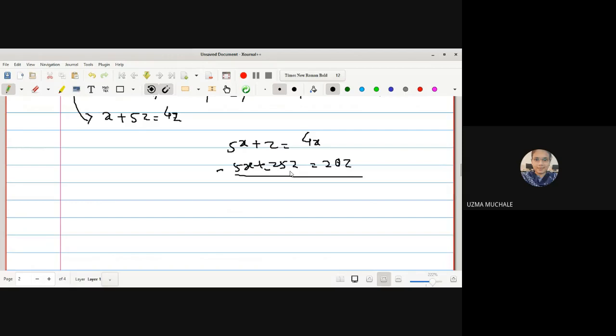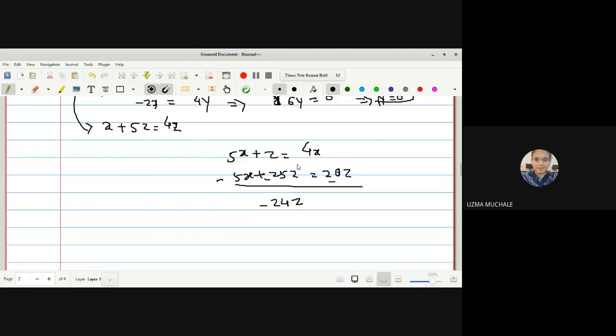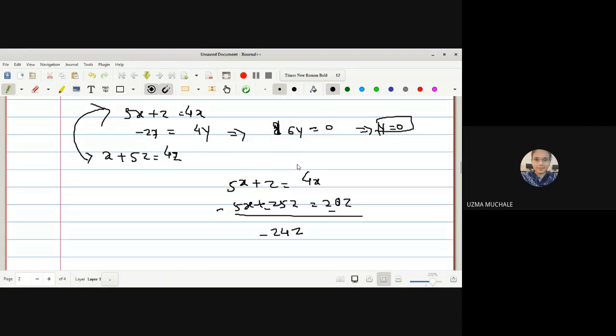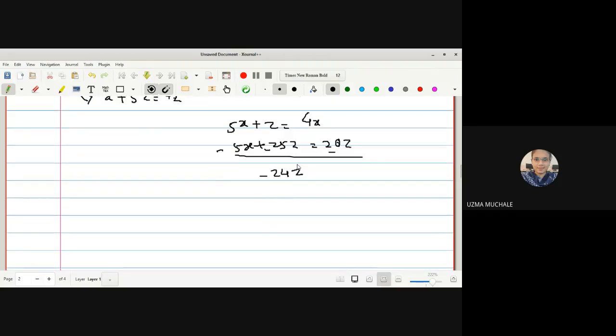Subtracting, we will get minus 24z. Is there any problem here? Minus 24z is equal to 4x minus 20z.